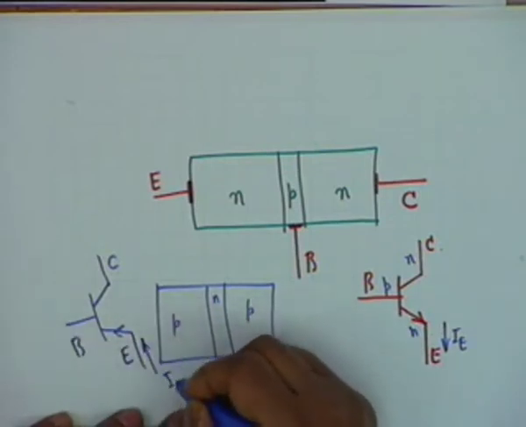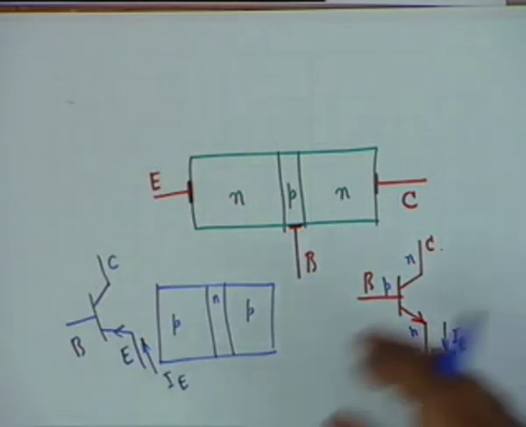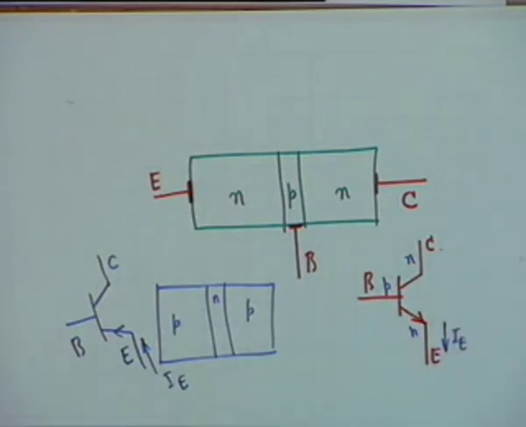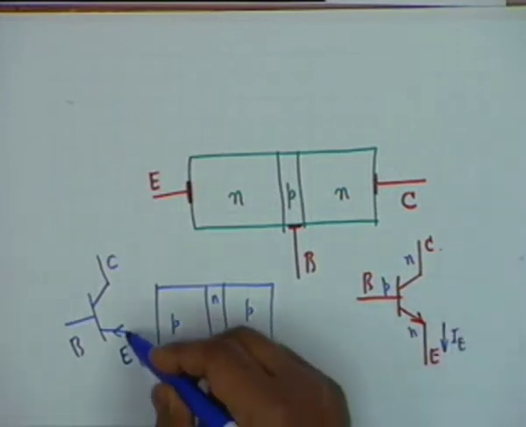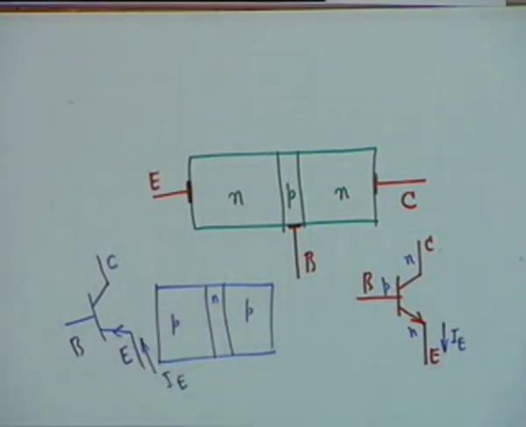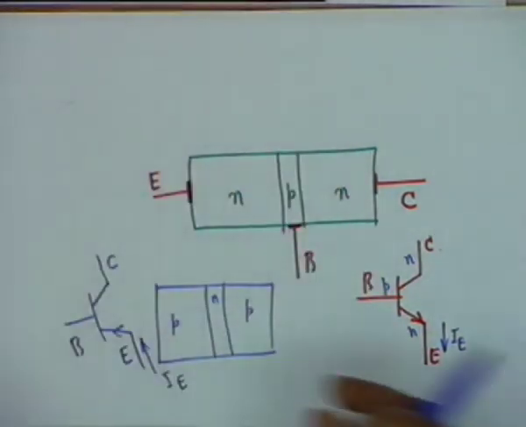It should be remembered that this is the actual direction of the DC current. If it is AC, it doesn't make sense to talk of direction. Once it will flow like this, another time it will flow in the other direction, and so on. So it is DC that I am talking of, the actual direction of direct current that flows. It flows out of this terminal, and it flows into the transistor in the PNP case.